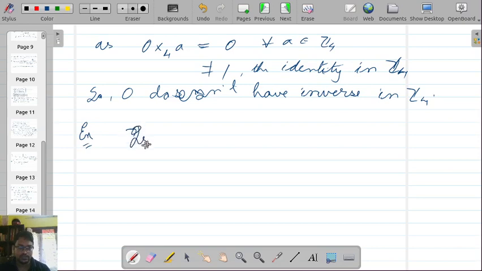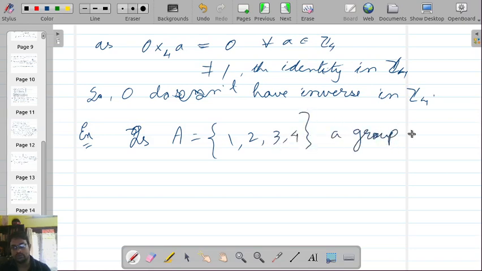Is the set A equal to {1, 2, 3} a group with respect to multiplication modulo 4? Here also the identity element is 1. 1 multiplied with any other element gives that element, so 1 is the identity.